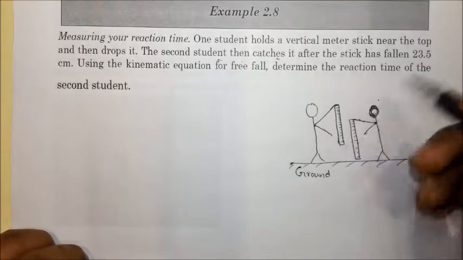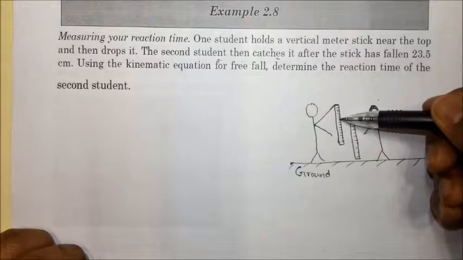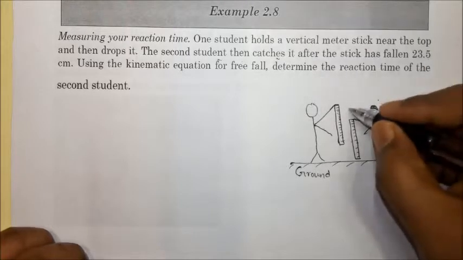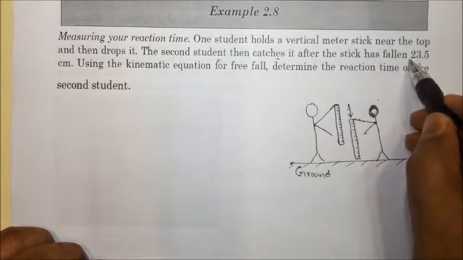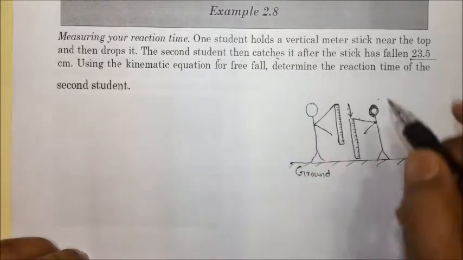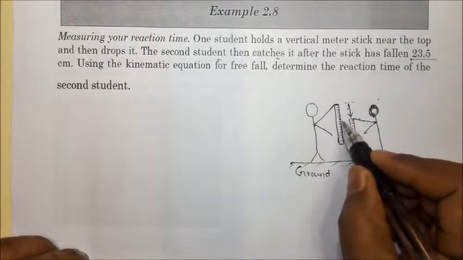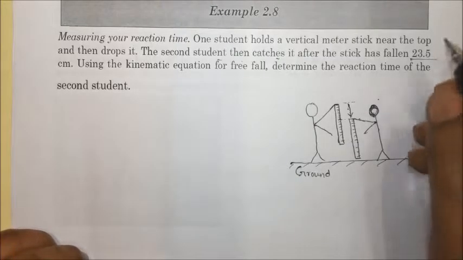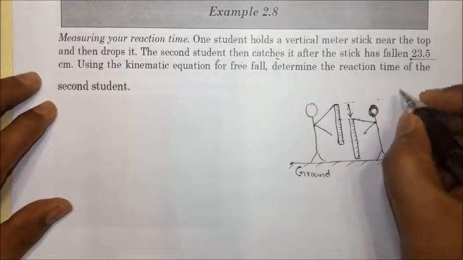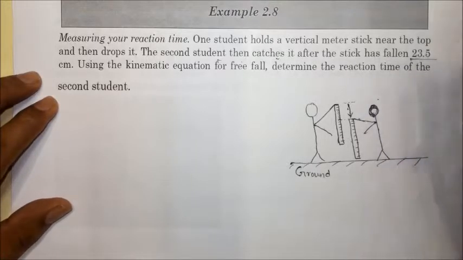Okay, when it is released, it is grabbed here. And how far does it go down? 23.5 centimeters. So from the top, in this line it is grabbed, and it goes how much? 23.5 centimeters.